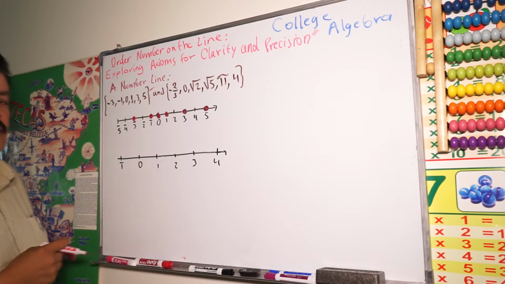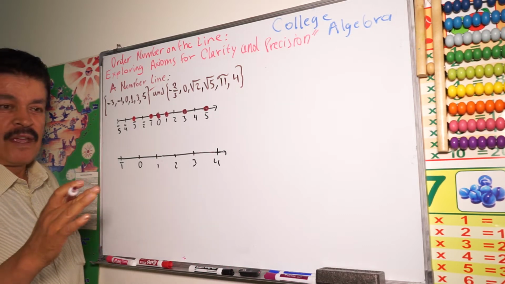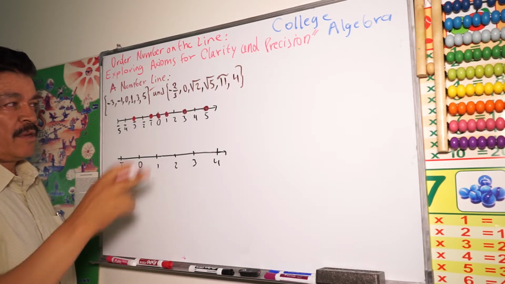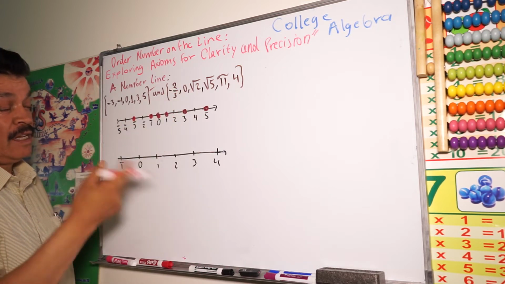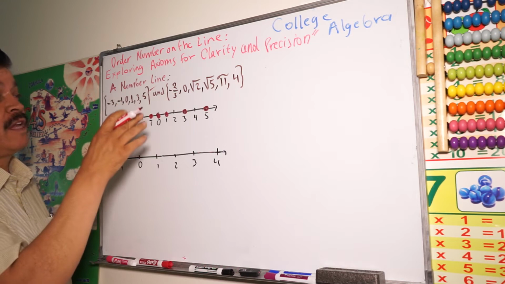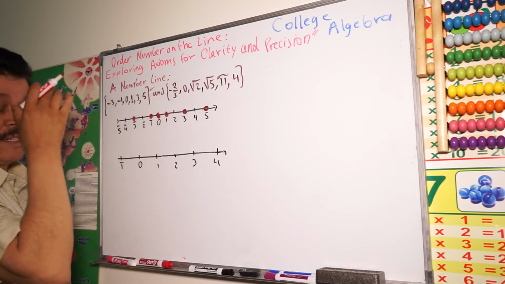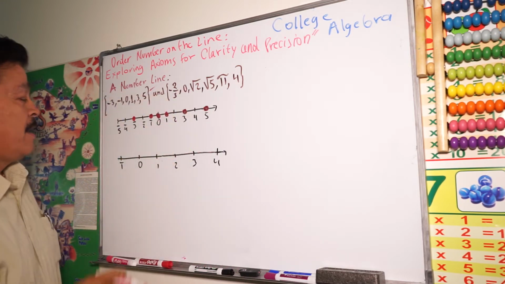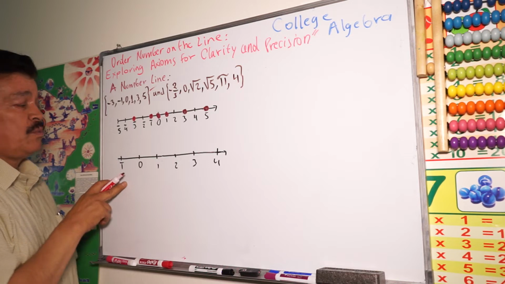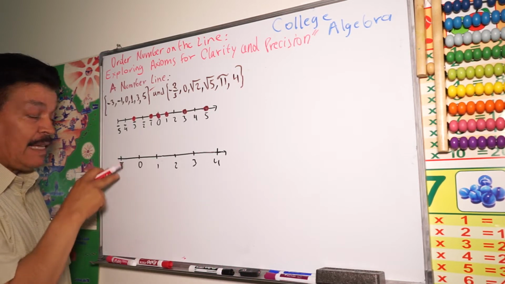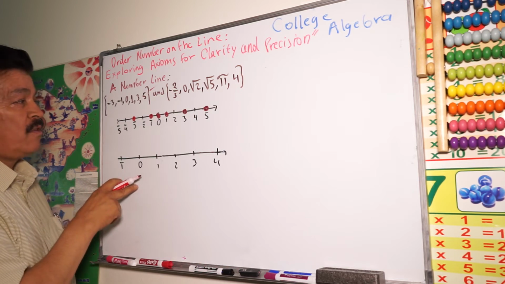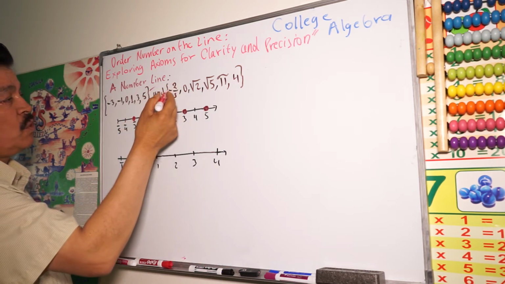The second set is a little bit more confusing, because we are using rational and irrational numbers. This set belongs to the real numbers. So we have to put each one in the right place on the number line. For example, we have -2/3.